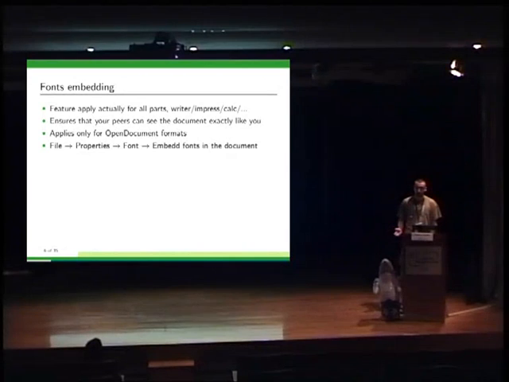So you don't have to fear that your font won't be available, and you can use any crazy font. If anybody remembers Windows Wingdings, the crazy font that draws planes and buildings, you can now write a document in it. Nobody will read it anyway, but it will look the same on all machines. This feature applies only to open document formats, so ODT, ODP, ODS, and similar. You can't embed anything in doc or docx, basically the Microsoft formats.